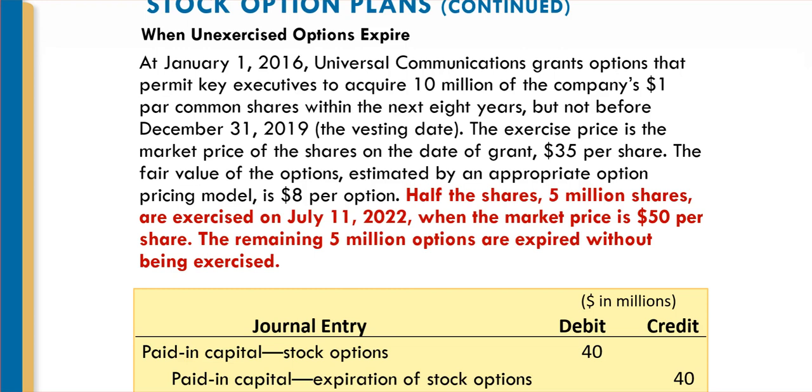If the stock market collapses, as it does from time to time, then the value of stock options just goes away. Because if the stock price, in this case, they have a right to purchase for $35 per share, if the price on the market is $34 a share, no one would use their option.